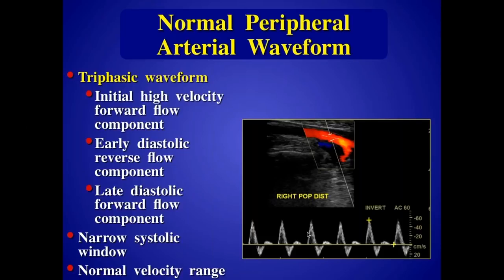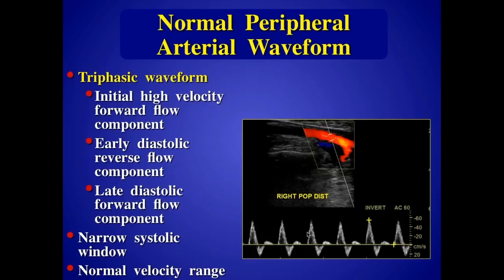As the red blood cells move down the lower extremity, they initially distend the walls, which then snap back into place, further propelling the red blood cells down the leg. So we look for normal triphasic flow in segments that we believe are free of disease. Any aberrations or changes from this pattern are abnormal, and we have to try to figure out why that's occurring.